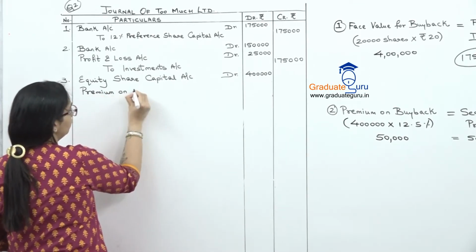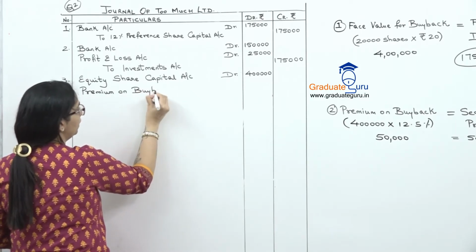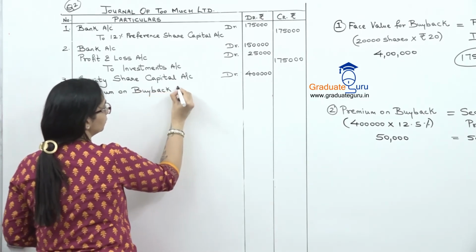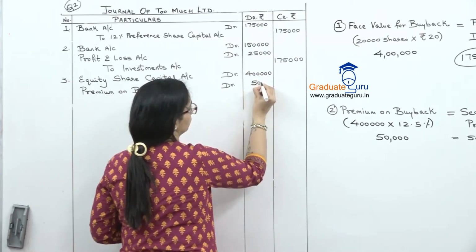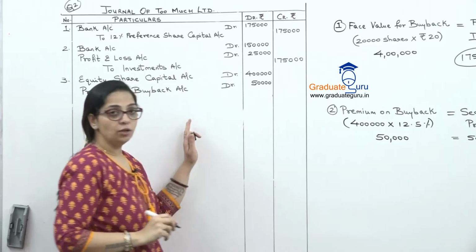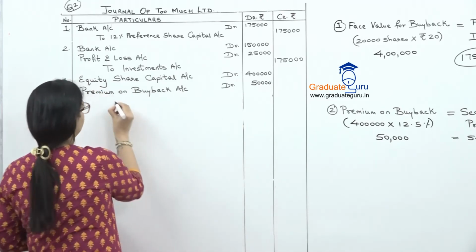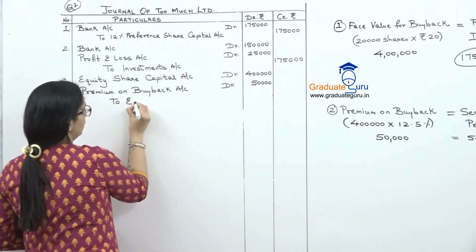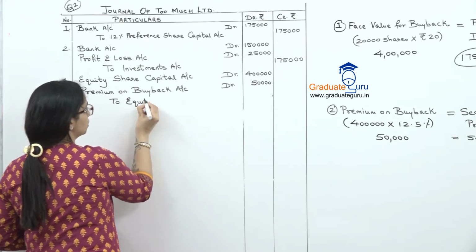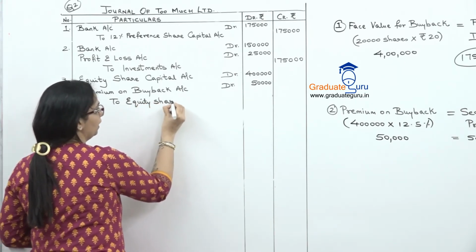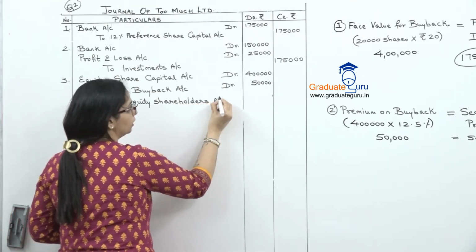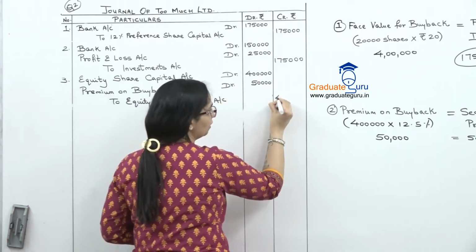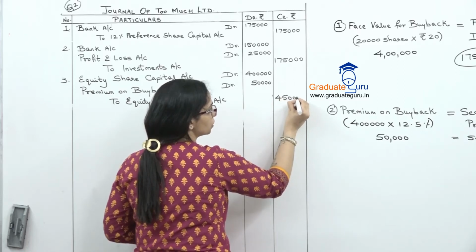Premium on buyback account debit, 50,000. And whom are we going to pay this to? To the equity shareholders. So they will be credited. Equity shareholders account with the total 4,50,000.